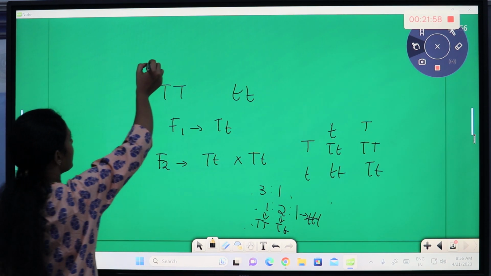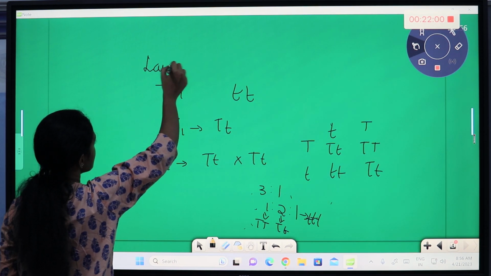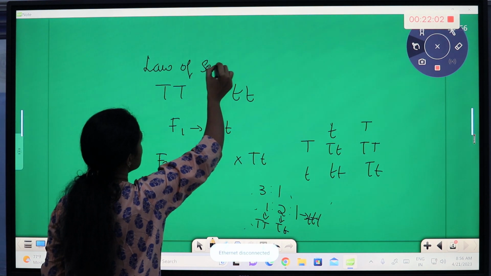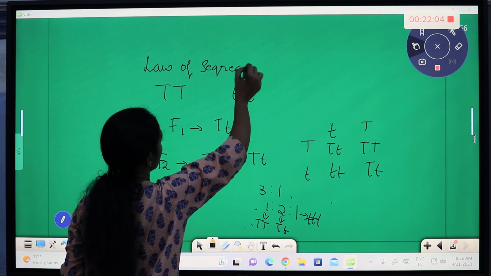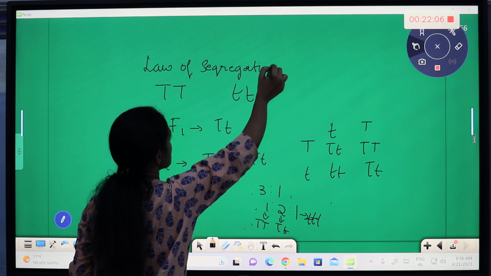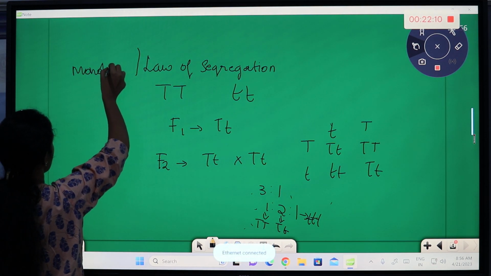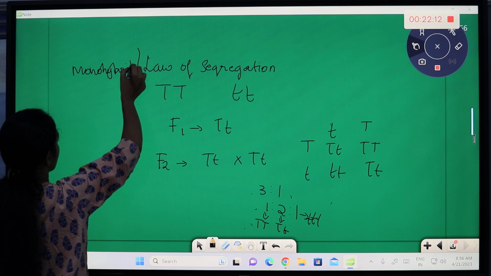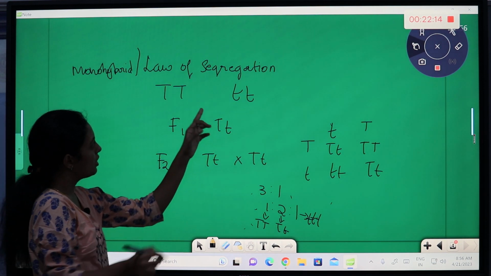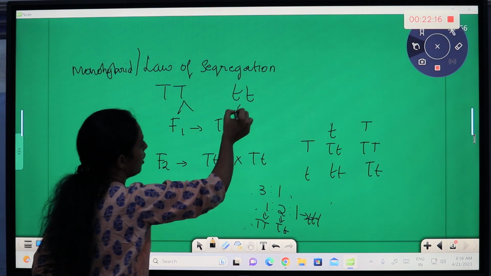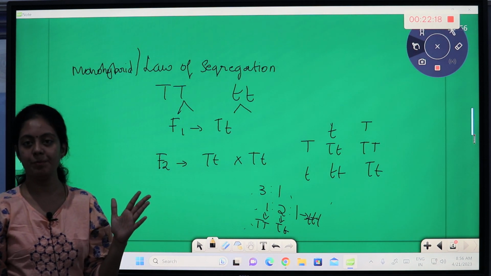So this monohybrid cross is also called the law of segregation. Can anyone state the law of segregation? Don't you think during gamete formation all the alleles are separating?